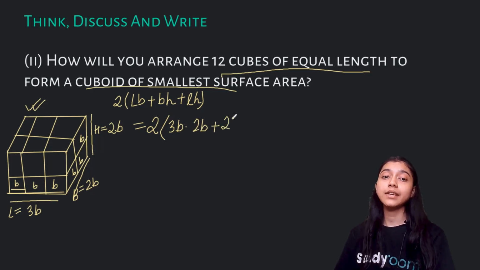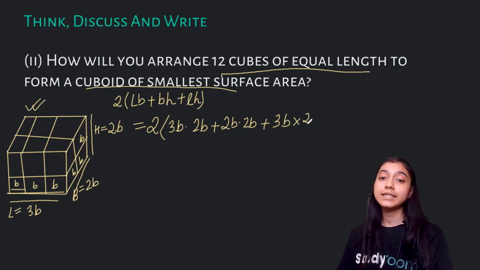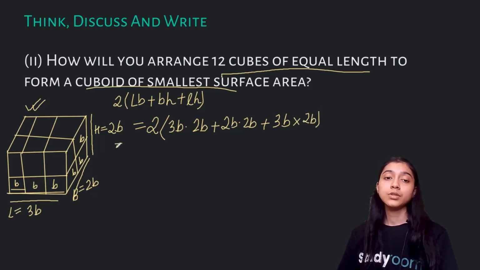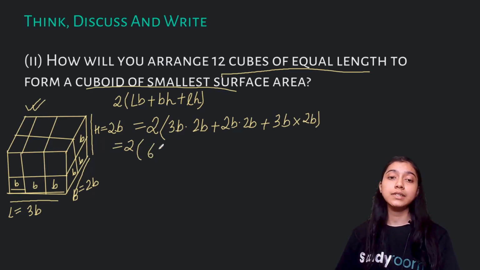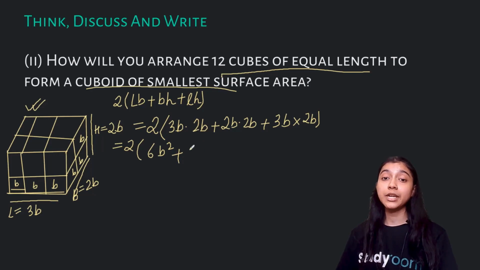Again we have breadth height, that is 2 times b multiplied with 2 times b, plus length height, that is 3 times b multiplied with height, 2 times b. So we get over here 2 multiplied with 3 into 2 gives us 6, b multiplied with b gives us b square, plus 2 multiplied with 2 gives us 4, and then b multiplied with b gives us b square.